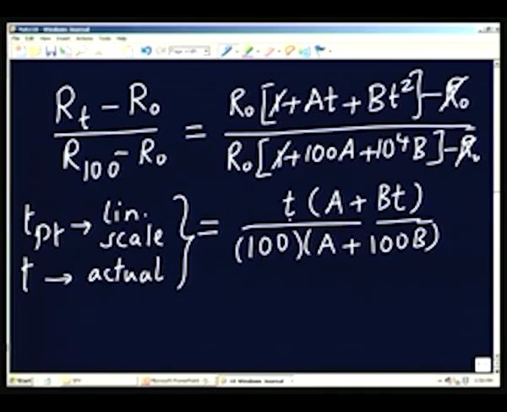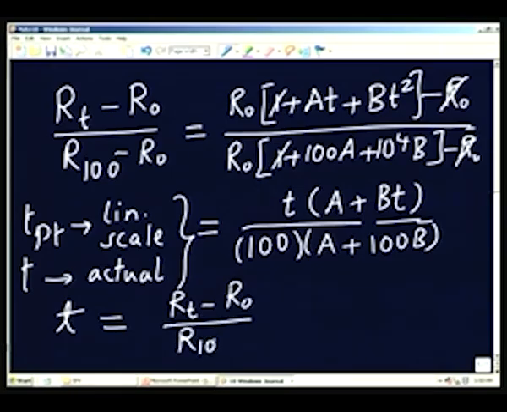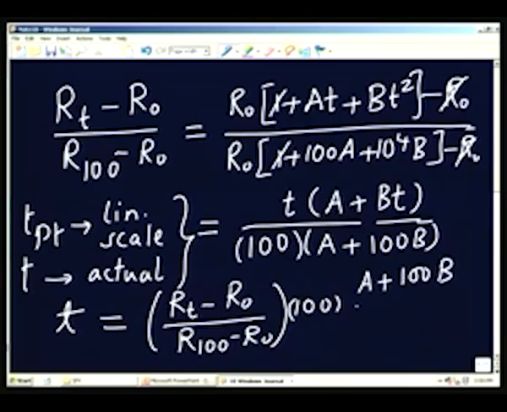I want to write for T, so T will be this T here, I will cross multiply and so on, this will become RT minus R naught divided by R100 minus R naught multiplied by 100 into A plus 100 B divided by A plus BT.